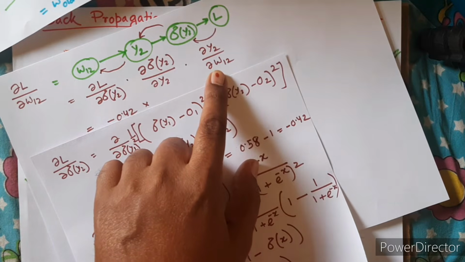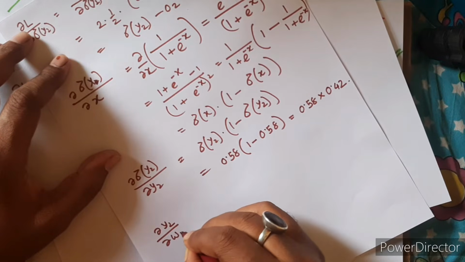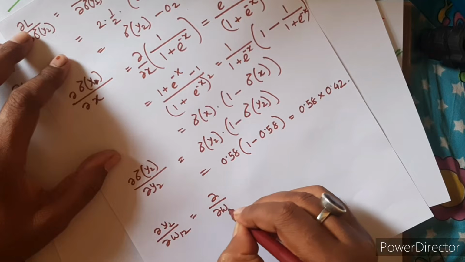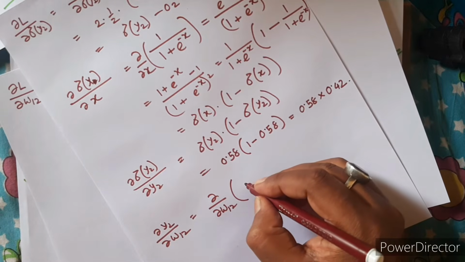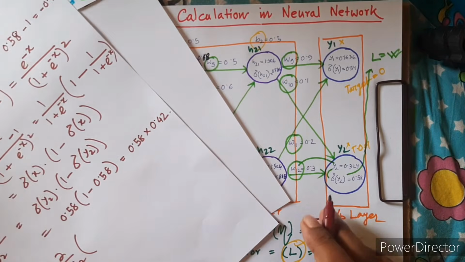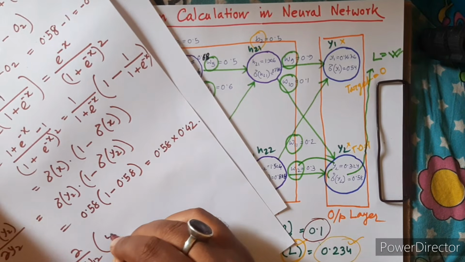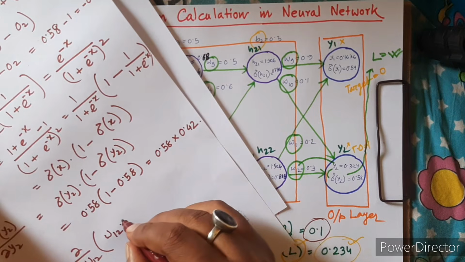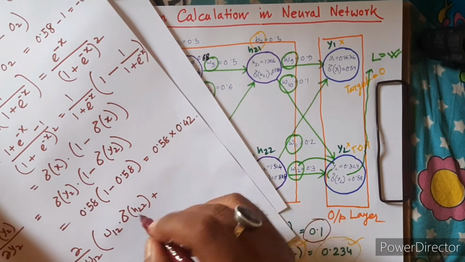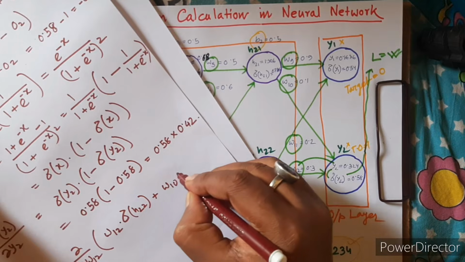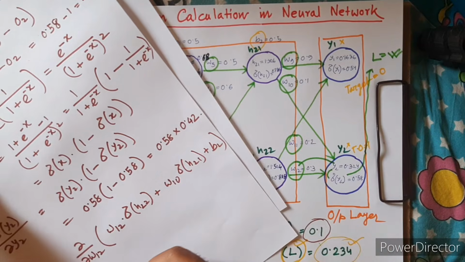So the last one is delta y2 by delta w12. So delta of y2 with respect to w12, where, you know from the figure, y2 is equal to w12 into sigma of h22 plus w10 sigma of h21 plus b2, right?